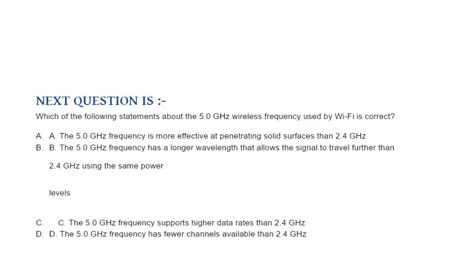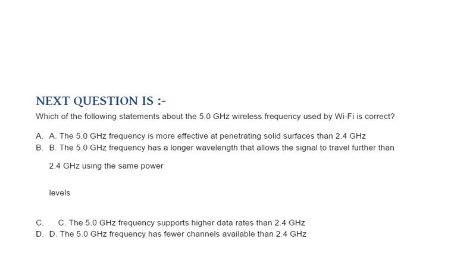Question is, which of the following statements about the 5.0 GHz wireless frequency used by Wi-Fi is correct? Option A. The 5.0 GHz frequency is more effective at penetrating solid surfaces than 2.4 GHz. Option B. The 5.0 GHz frequency has a longer wavelength that allows the signal to travel further than the 2.4 GHz using the same power levels.